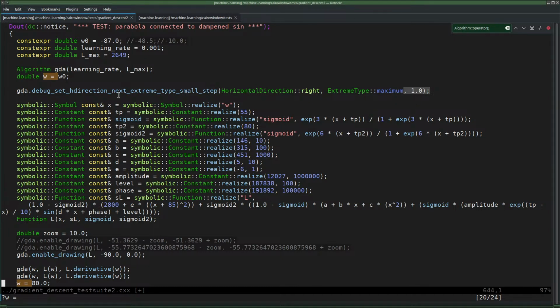Why is it saying minus 87? Thought I changed that. So we call it first with minus 86, and then add 1, so then we call it with minus 85.